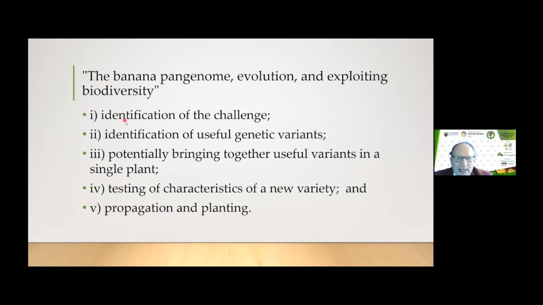So I talked then about identifying the challenge. We need to identify useful genetic variants in order to bring that. And one of the things that Biodiversity, an international consultative group on international agricultural research unit, now the Alliance of Biodiversity and CIAT, does is to identify and collect useful genetic variants and make those available for the breeders.